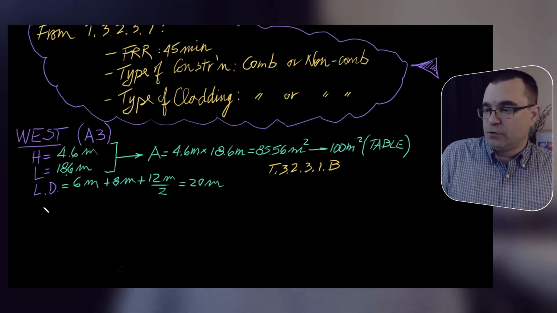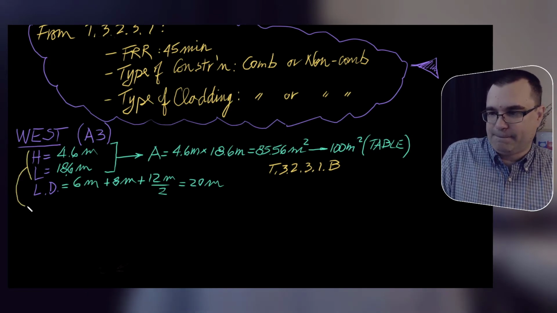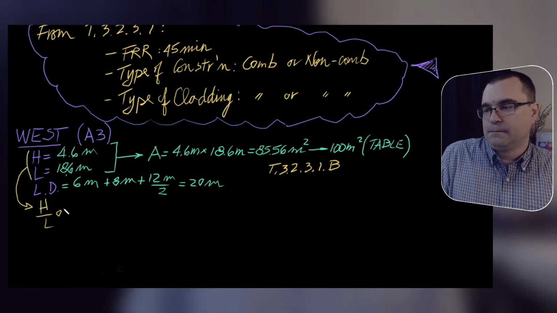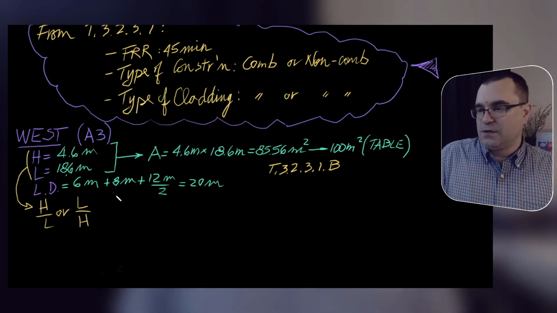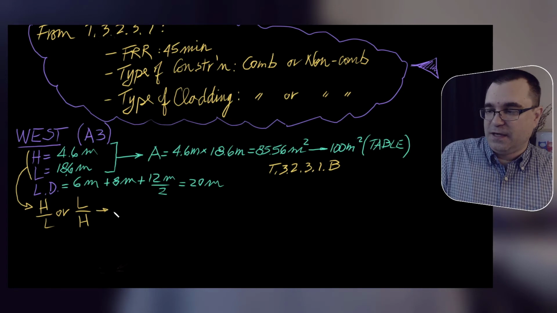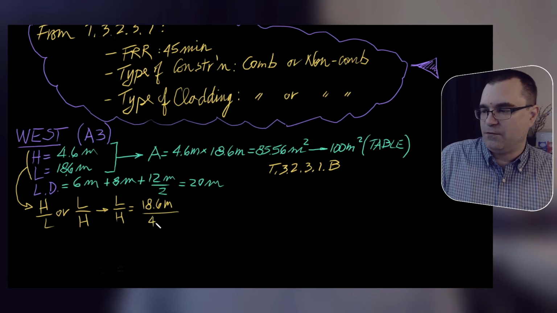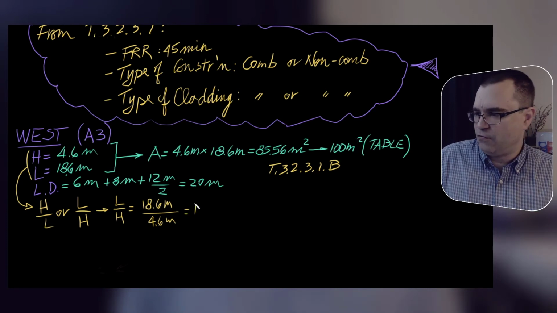Okay? In terms of H over L or L over H, which one of the two are we going to take? We have to take the larger one of the two. Well, since the L is larger than the H, we're going to take L over H. This is going to be 18.6 meters divided by 4.6 meters, which is equal to 4.04.